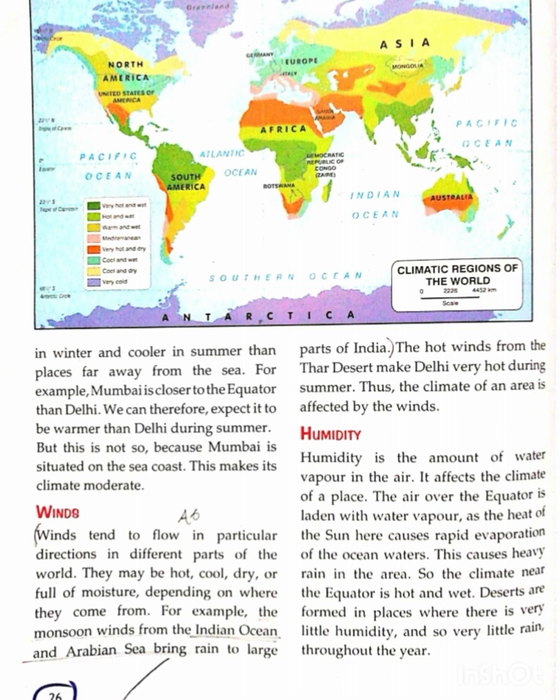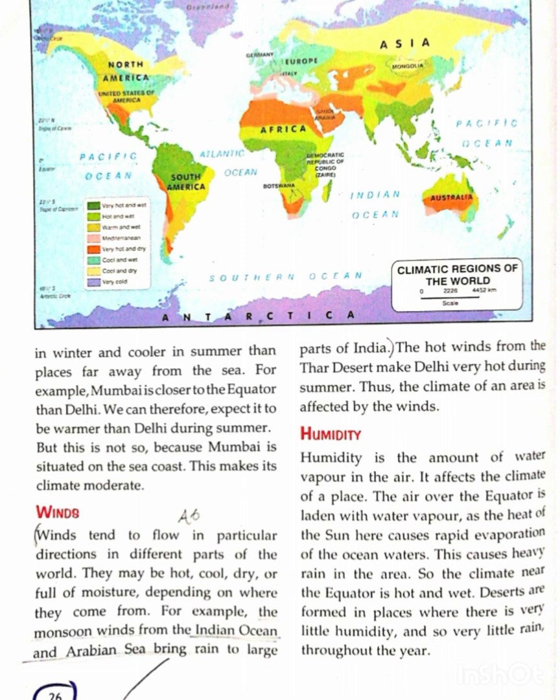As I have given you the example of Mumbai and Delhi, one more example: Chennai experiences less variation in temperature than Delhi, because Chennai lies on the coast, while Delhi is far away from the sea. So places near or on the coast will be warmer in winter and cooler in summer. That means a moderate kind of climate.